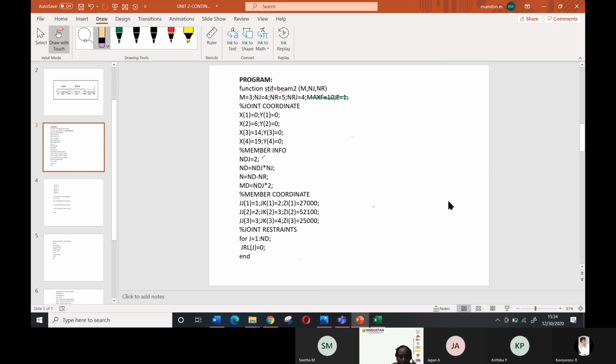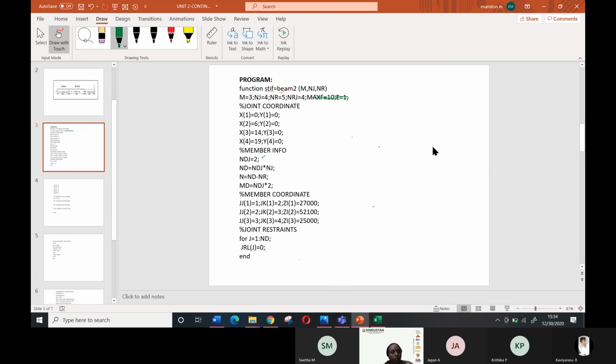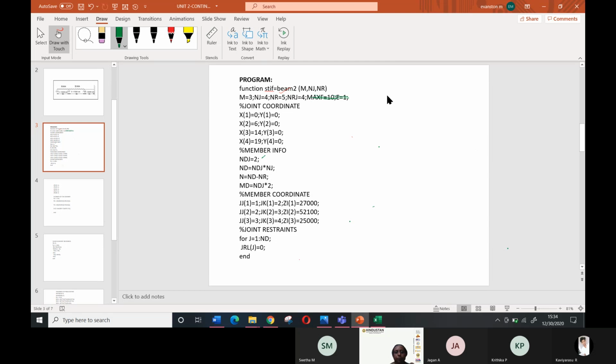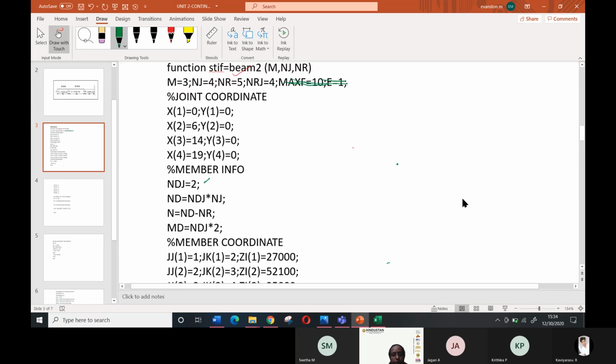So our problem is this one. Sorry, it is in eraser mode. Now we will move on to the member information.